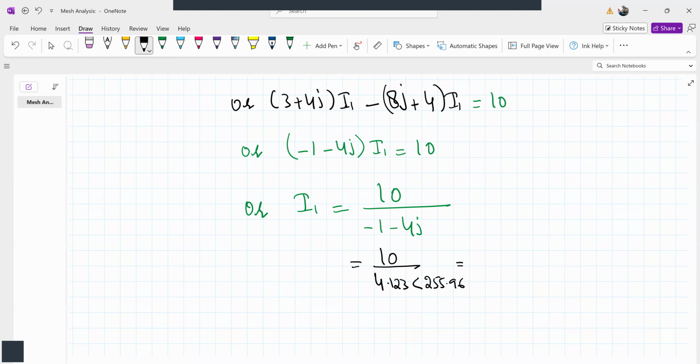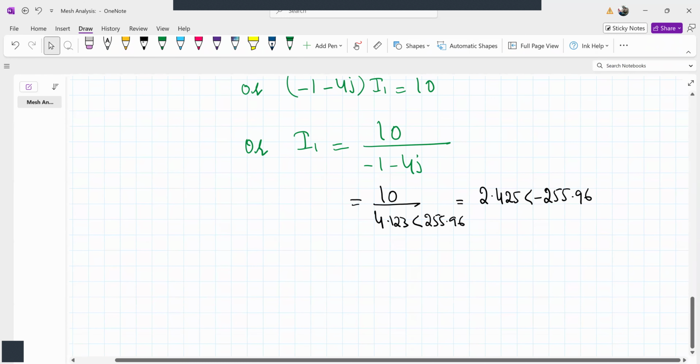So this will be simply 10 divided by 4.123, and that comes out to be 2.425 at an angle of minus 255.96 degrees. So this is the phasor current I1.